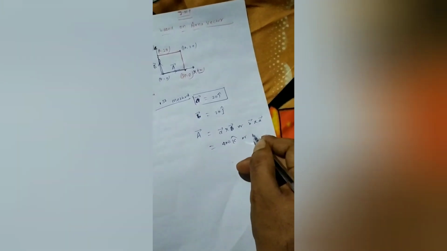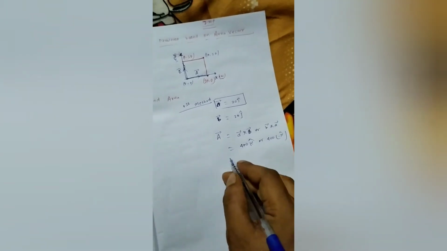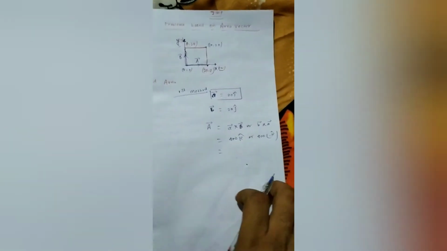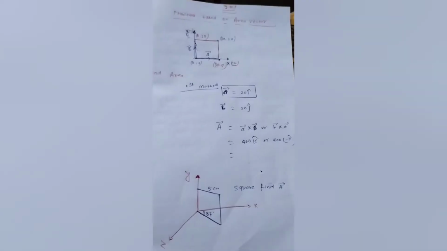In the other case we get 400 j cross i, which means minus k cap. I have already told you, whenever the area is in the xy plane and open, its area vector will be k cap or minus k cap, both are valid. Done, buddy? Such elementary problems will appear in the case of electric flux.